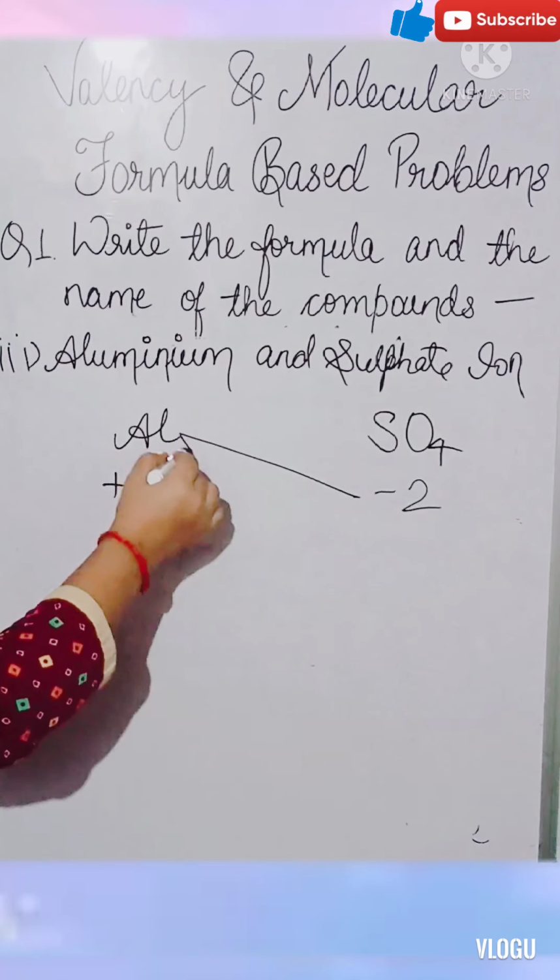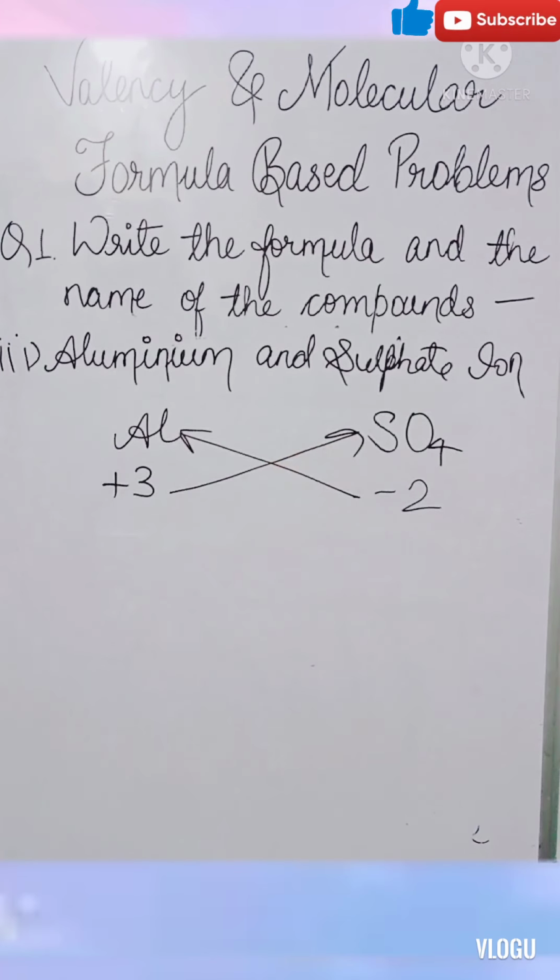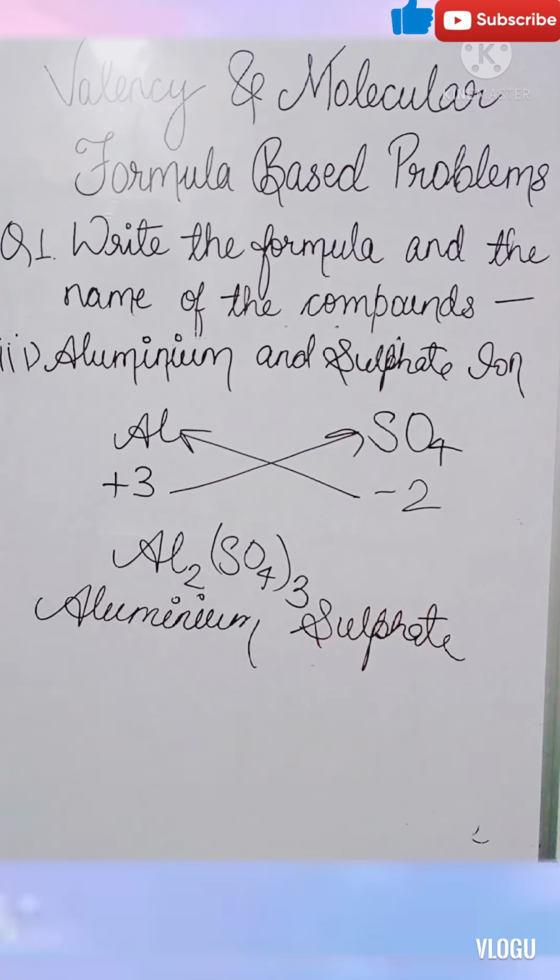So this -2 will go here and this +3 will go here. So the formula will become Al2(SO4)3, and this compound is known as aluminium sulfate. Okay, so now we will move on to the next question.